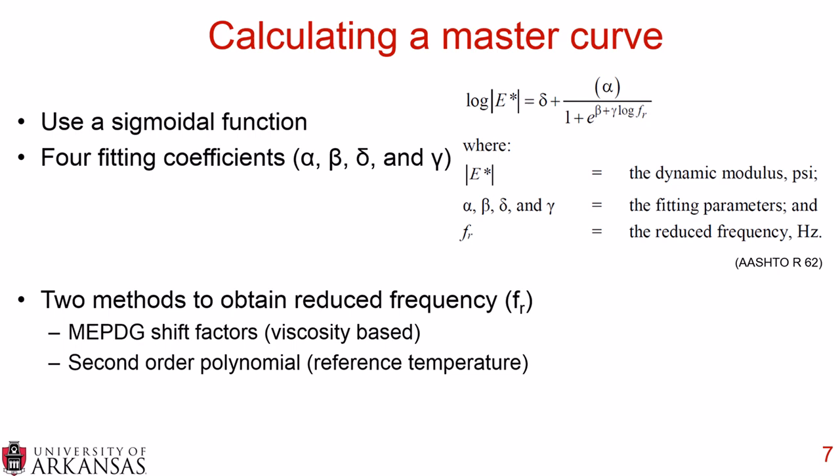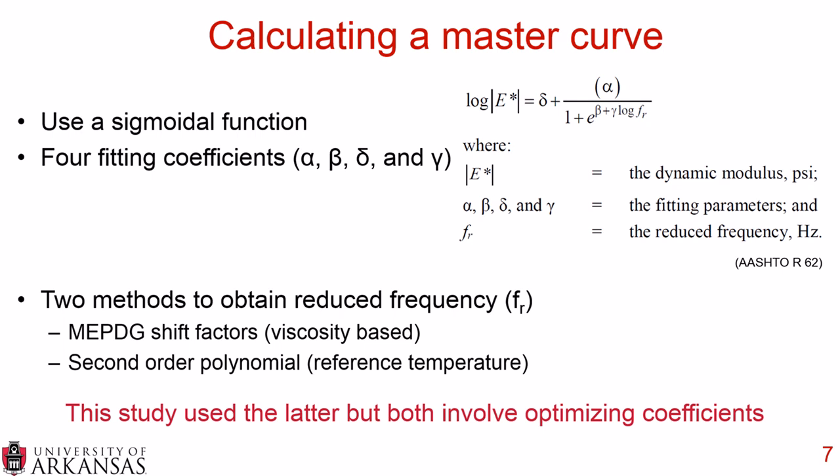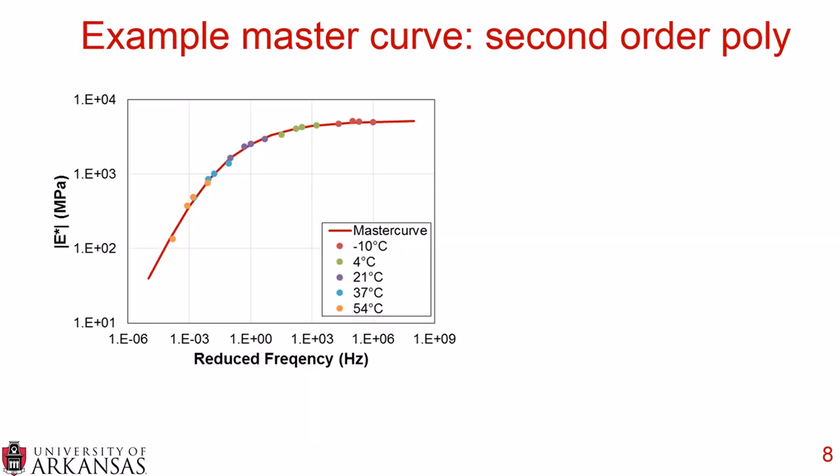But regardless, the MEPDG shift factor is viscosity based, and the second order polynomial is reference temperature based, which is what we saw on the previous slides. And this study also used the latter, the second order polynomial. But regardless of which one you use, the MEPDG or the second order polynomial, both involve optimizing coefficients. So how do we go about optimizing coefficients?